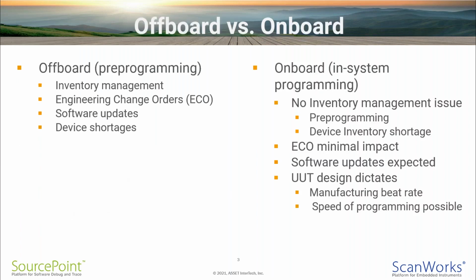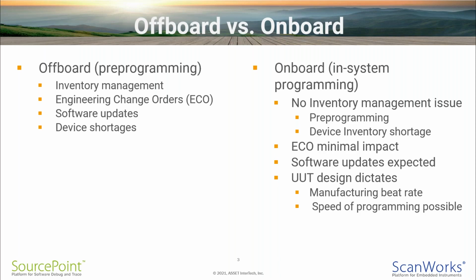The first topic that needs addressing is why in-system programming. In the past, in-system programming was limited by JTAG-only methodologies, and it placed a limit on the image size that was acceptable for manufacturing beat rates. So pre-production was the accepted norm. That's not the case any longer. Inventory management is a thing of the past when megabytes of data can be programmed at near device flash specification speeds.